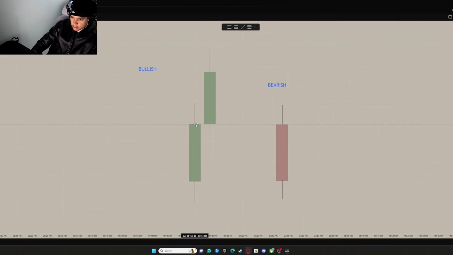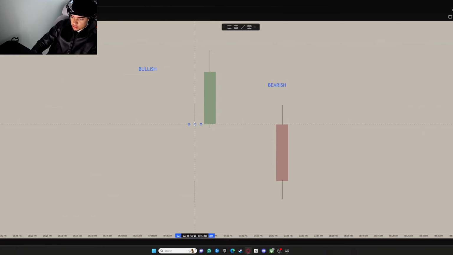Do you see these wicks? The only thing they mean is that, after the previous candle closed, the market started here, went all the way down, went back up, continued going up, and then went down and closed right there.